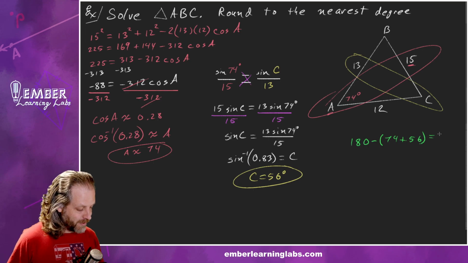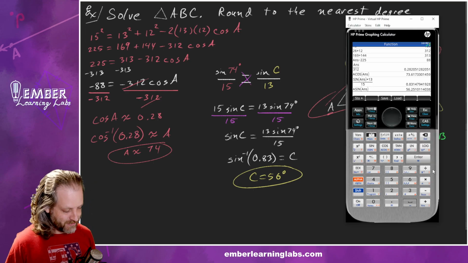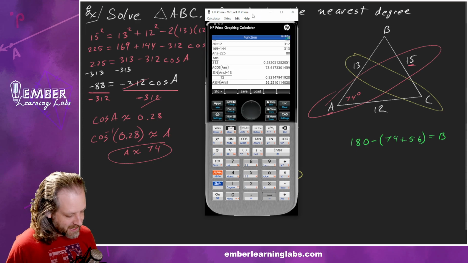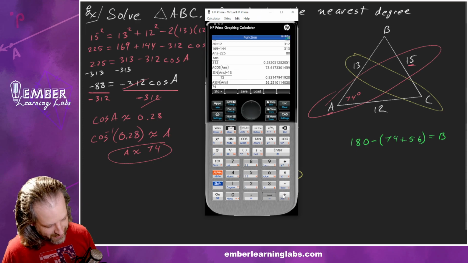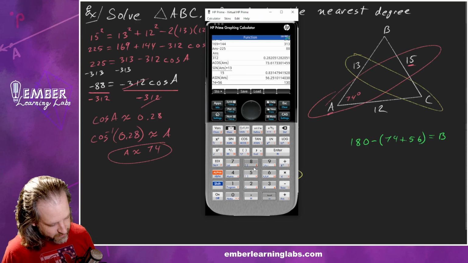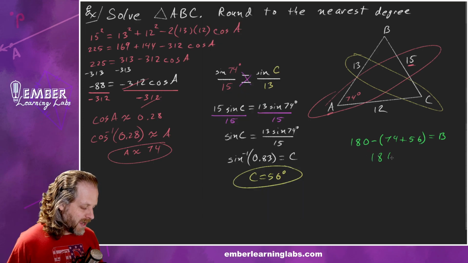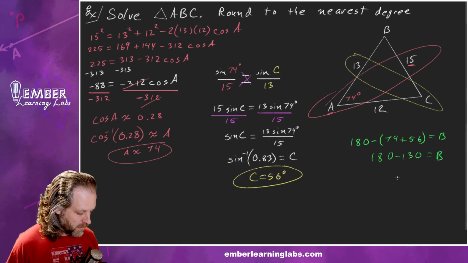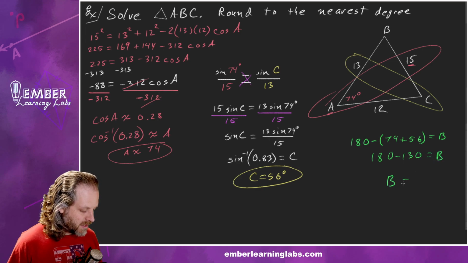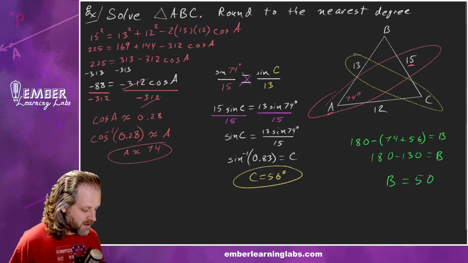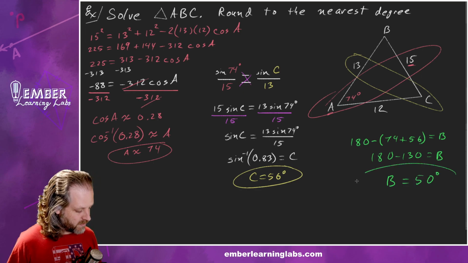I think that's right, but again, we're playing it safe. 74 plus 56 equals 130. That's what I said. So we can go with 180 minus 130 equals 50. So B equals 50 degrees.